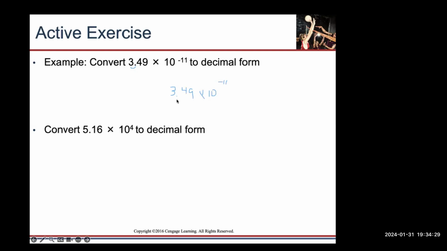We're going to be moving the decimal point over 11 spots. So we're going to go 1, then 2, then 3, 4, 5, 6, 7, 8, 9, 10, 11. Okay, so our decimal is going to be now put here.